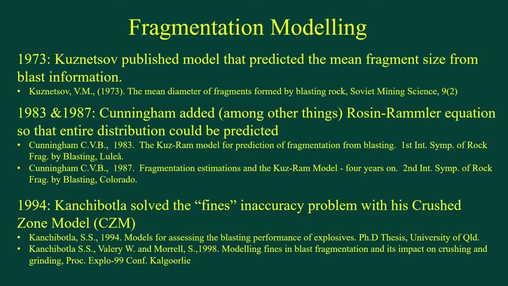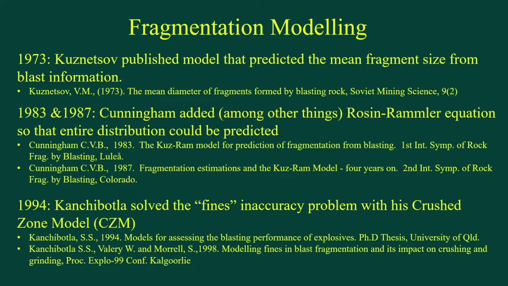Now, that wasn't all he did with that work, but that was the main breakthrough that Cunningham made. He modified that initial model in 1983 and published a second paper in 1987, and they're both well worth looking at if you're interested in this area.